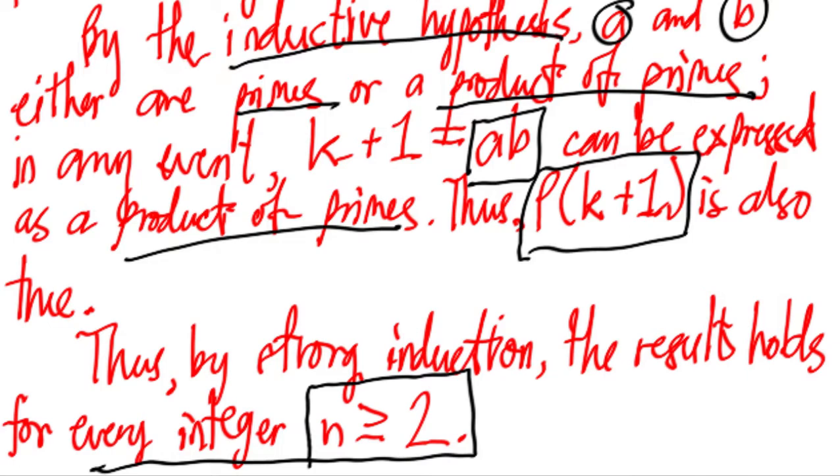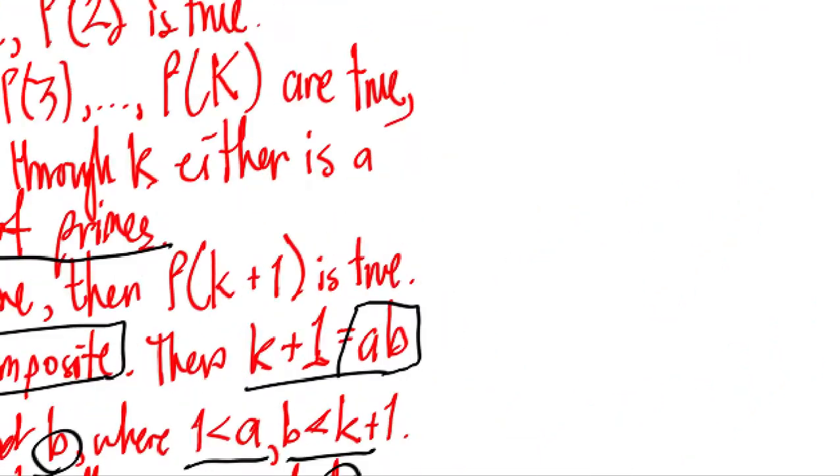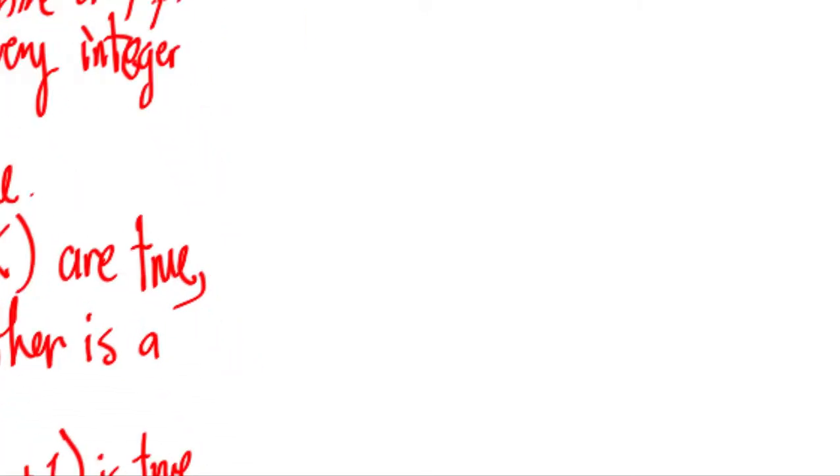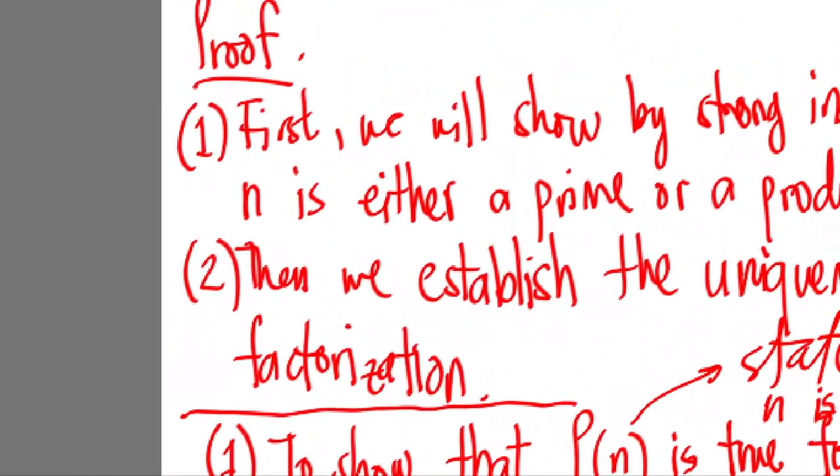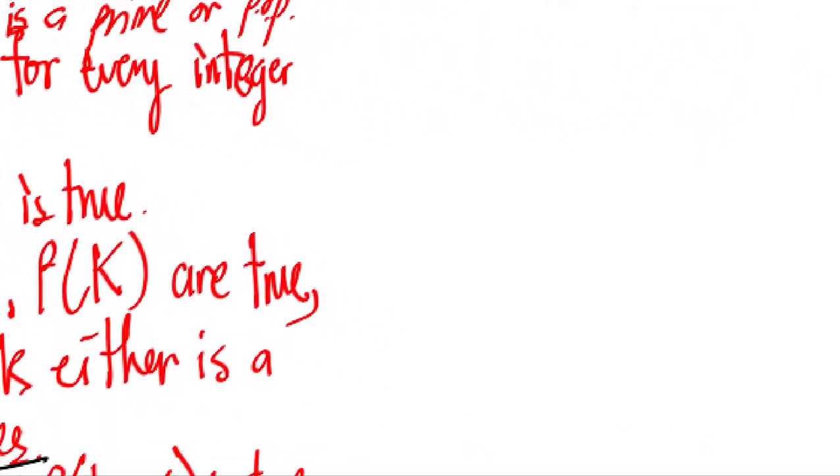The next part will be to establish the uniqueness of the factorization. Let's move here a little bit because we will need more space for our proof. Let's start here, for number 2.